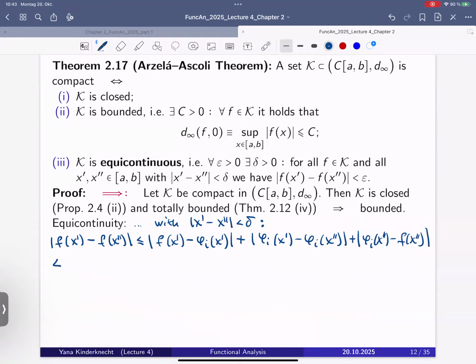And all this is smaller than epsilon over 3 plus epsilon over 3 plus epsilon over 3, which is epsilon. The first is smaller than epsilon over 3 because phi i is an element of our epsilon over 3 net, the closest element to f from this net. In a similar way, the last is also smaller than epsilon over 3 for the same reason. And the middle is just the uniform continuity of the function phi i with this delta.